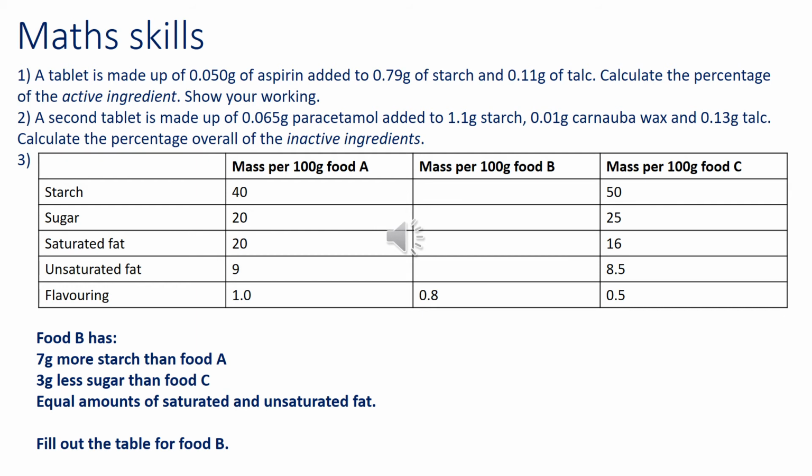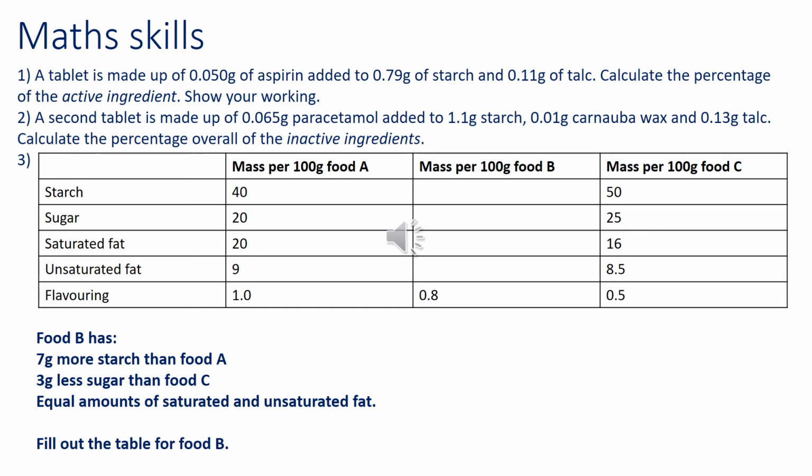So you need to calculate the percentage overall of the inactive ingredients. You need to identify the inactive ingredients first and then use the right formula to calculate the percentage of the inactive ingredients. Again, you can show your working.